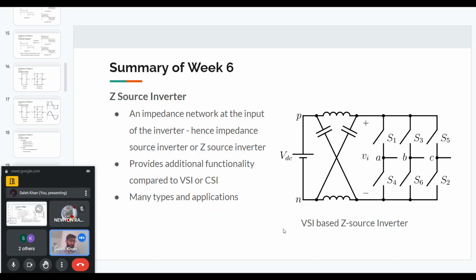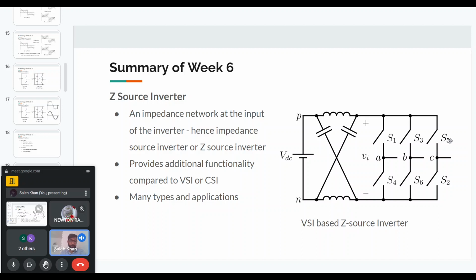There are different types of Z source inverters and they are used in various applications. So when we want to talk about an inverter application from DC to AC, I will choose one of the types of Z source inverter and try to tell you the principle of working of this inverter.